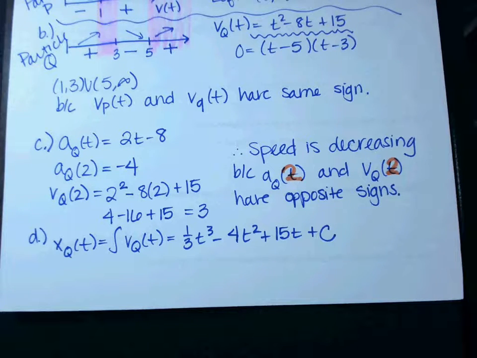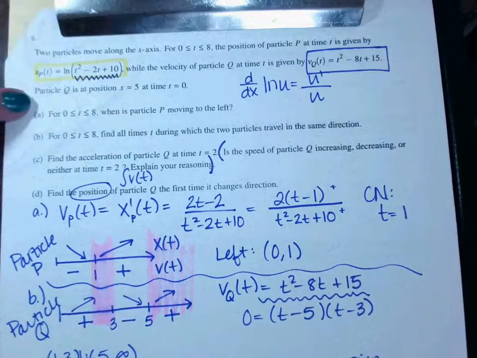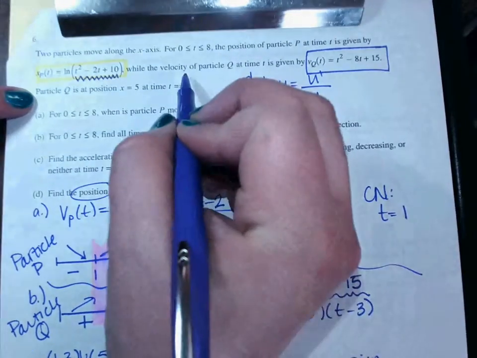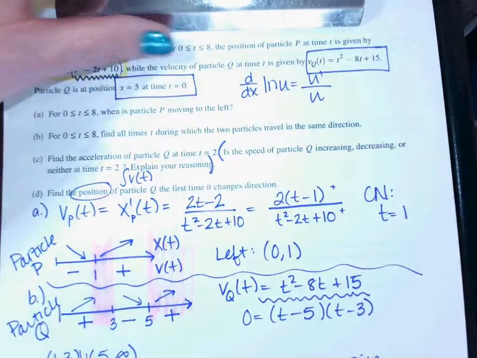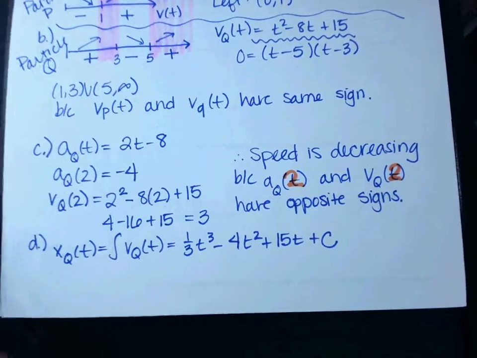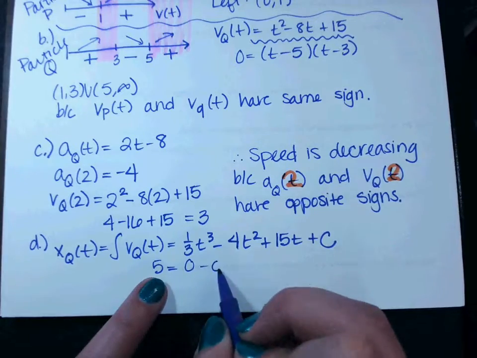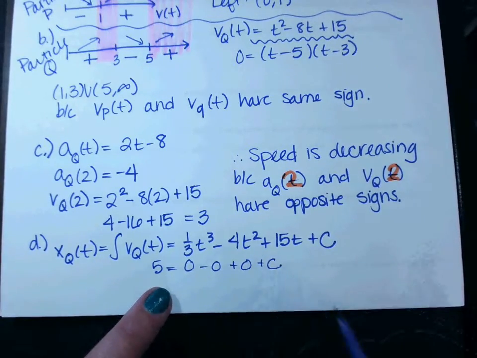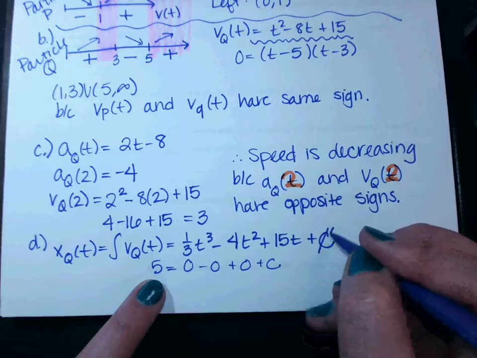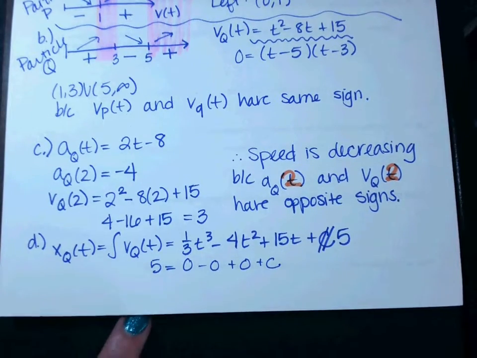Look back up at all your junk. Yep, right at that last sentence it says particle Q is at position 5 when time is 0. So that's going to be the last piece we need to find C. So if 5 is the answer and I plug in 0 minus 0 plus 0 plus C, what's C? So I'm going to cross that out, put a 5 there instead.